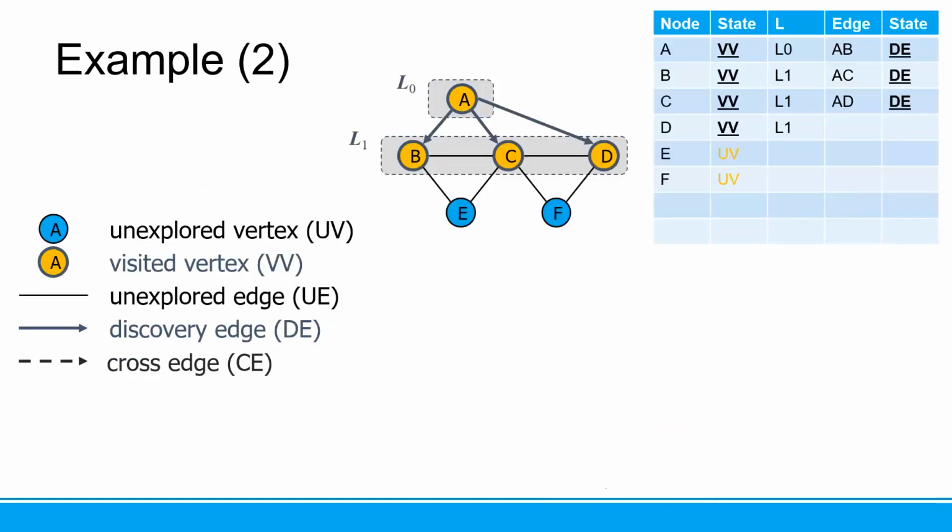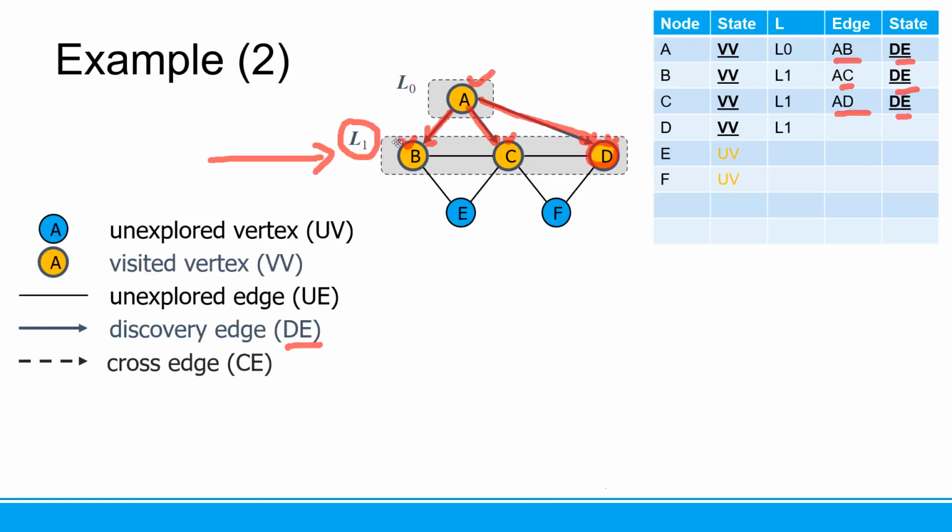The next possible incident edges go to B, then C, and then D. We put all of them in L1, so this is all the nodes after A. All of these edges will be set as discovery edges.